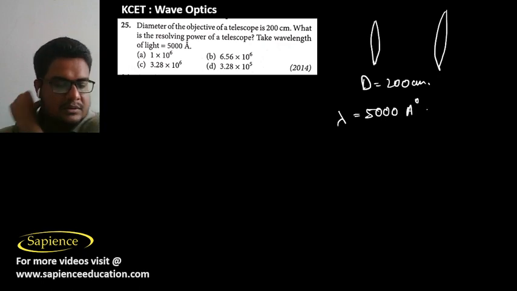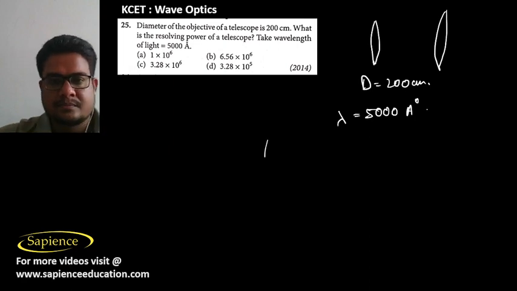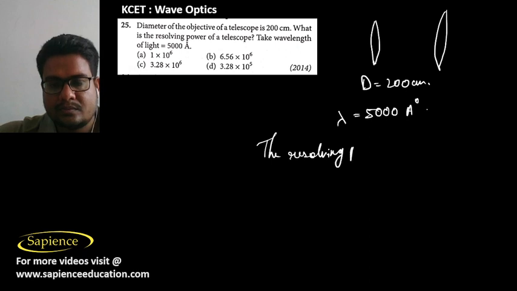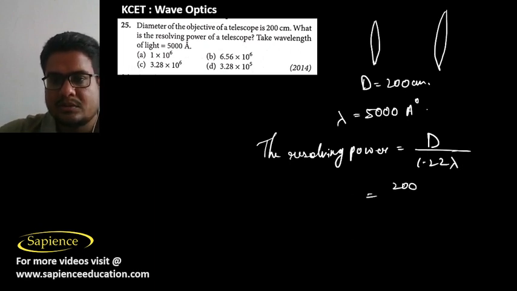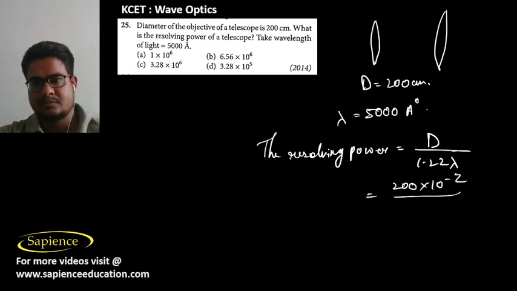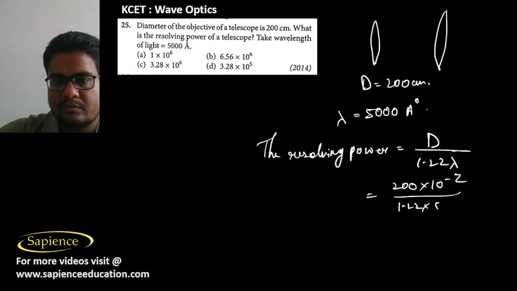So the resolving power of the telescope is given as d by 1.22 lambda. d is 200 centimeters, so 200 into 10 power minus 2, divided by 1.22 into lambda, that is 5000 into 10 power minus 10.